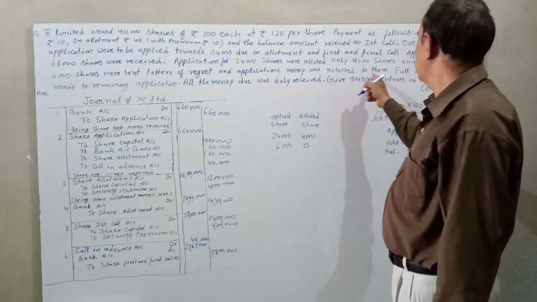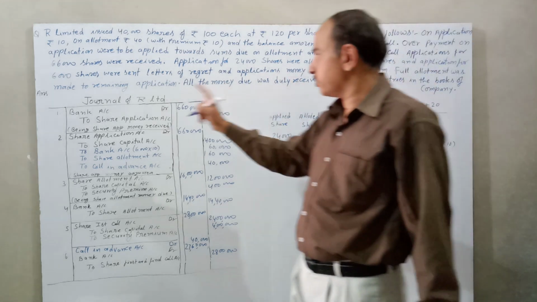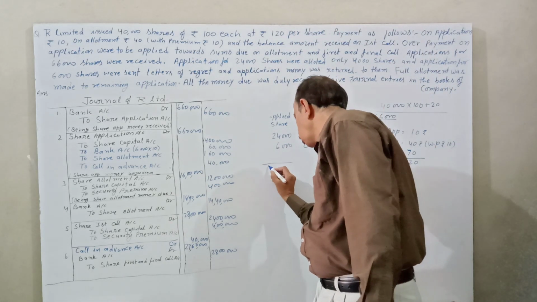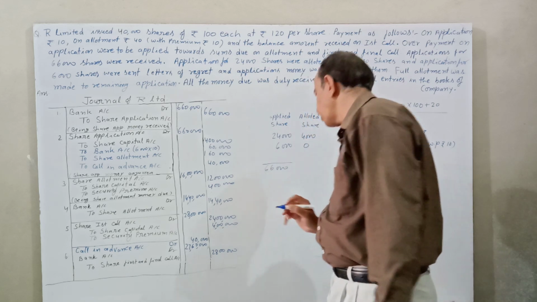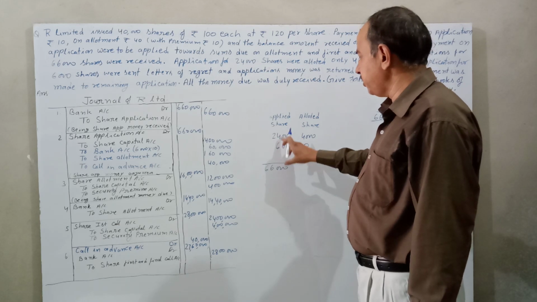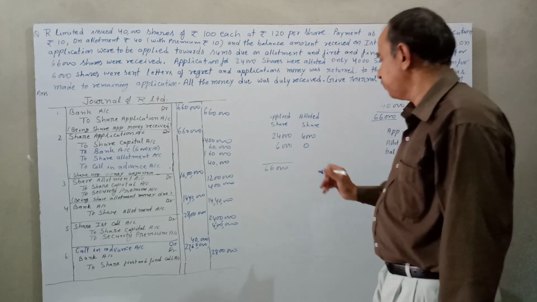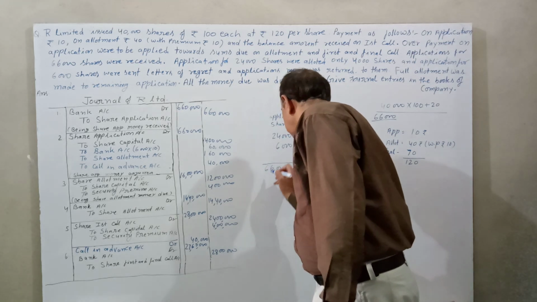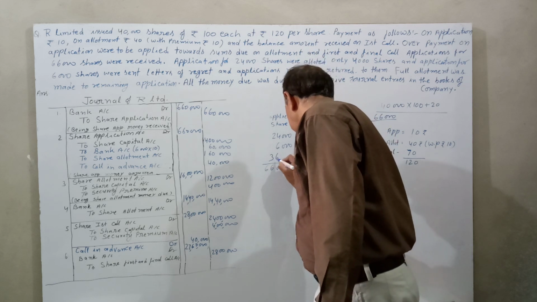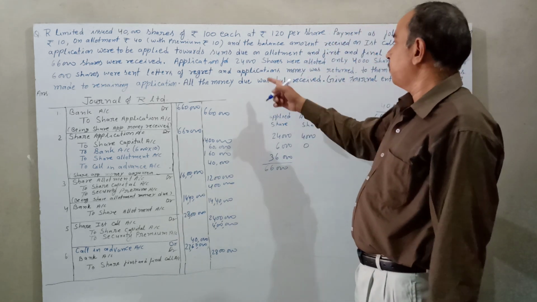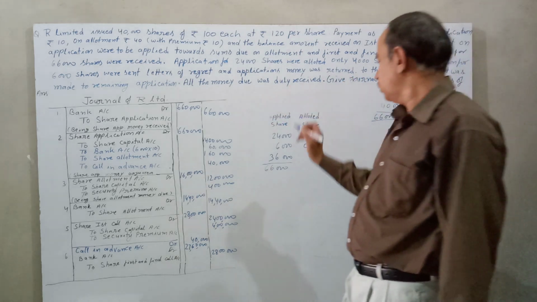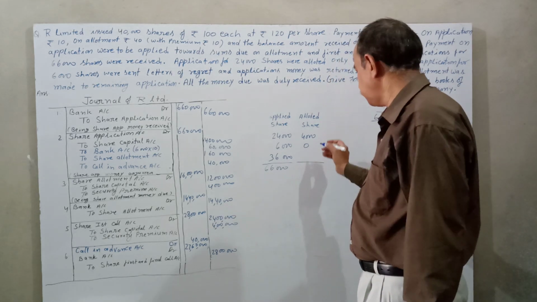Full allotment was made to the remaining applications. So how many remaining applications? Total applications received by the company are 66,000. We deduct 24,000 and 6,000, that is 30,000, from 66,000, so the applications are 36,000. Money was returned, and full allotment was made for the remaining shares.